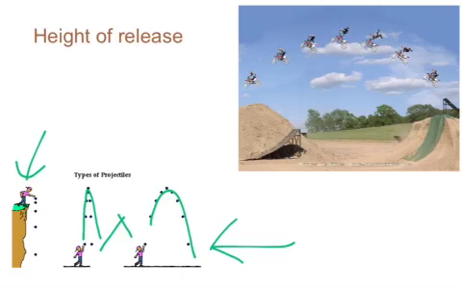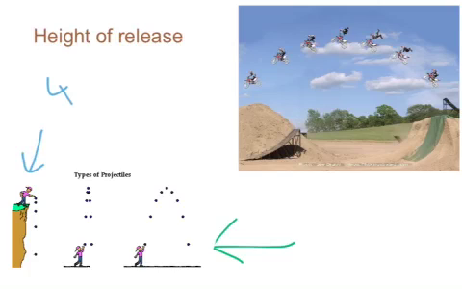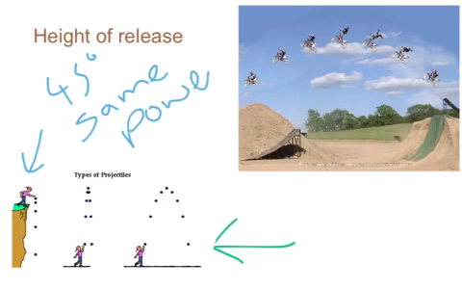If we had to compare the three to each other, if they both had a 45 degree release angle with the same power or same speed of release, then this one over here would have the furthest throw.